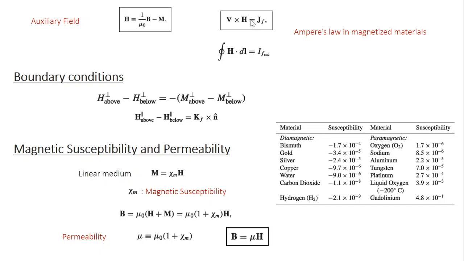Now the role played by the auxiliary field here is the same as the role played by the displacement field in the case of electrostatics. So in the case of the displacement field, you wrote divergence of D equal to rho F. In this case, you can write curl of H equal to JF. In both cases, you are rewriting the equation in terms of the free charge density and the free current density.